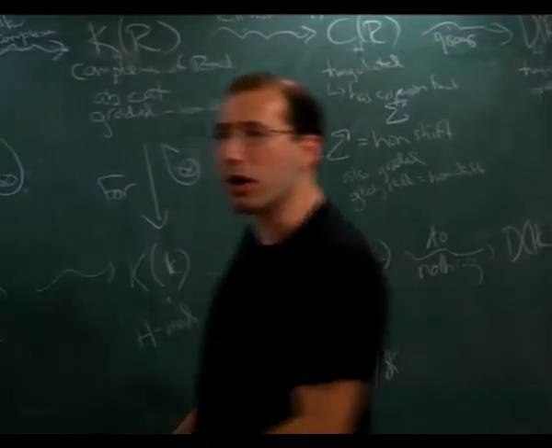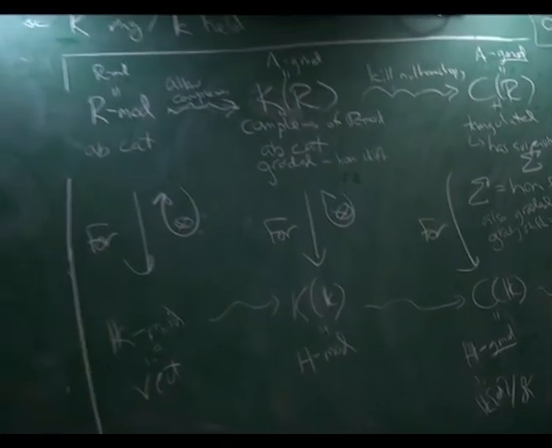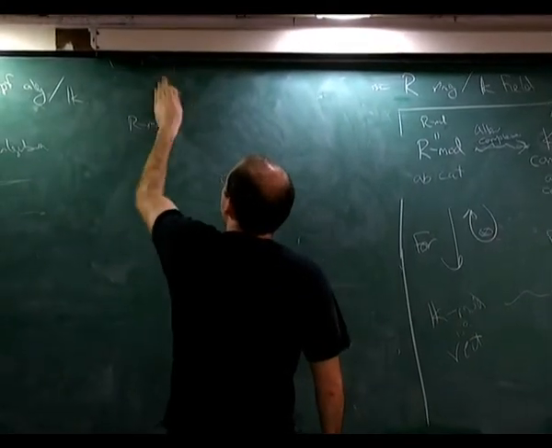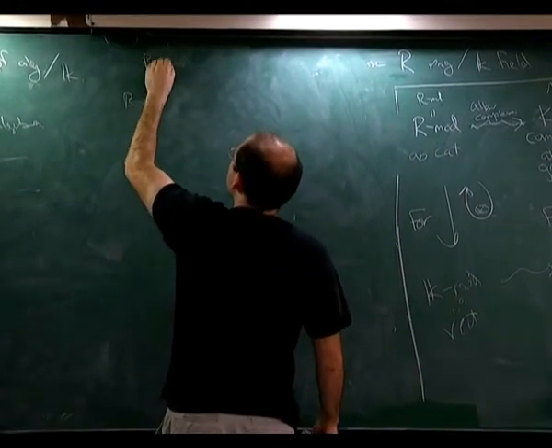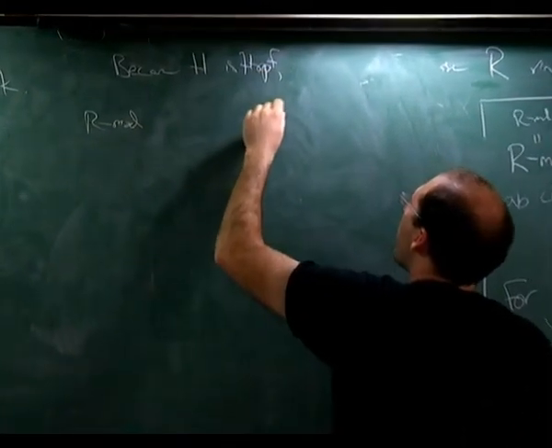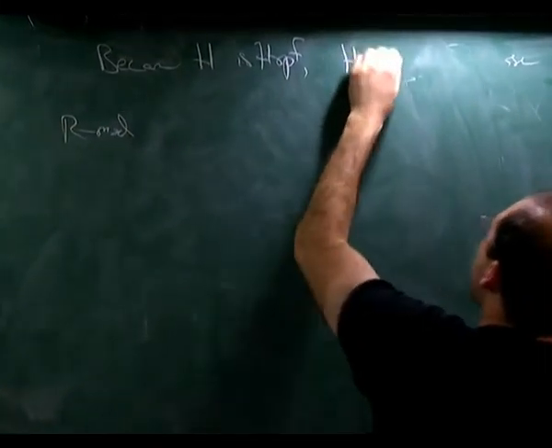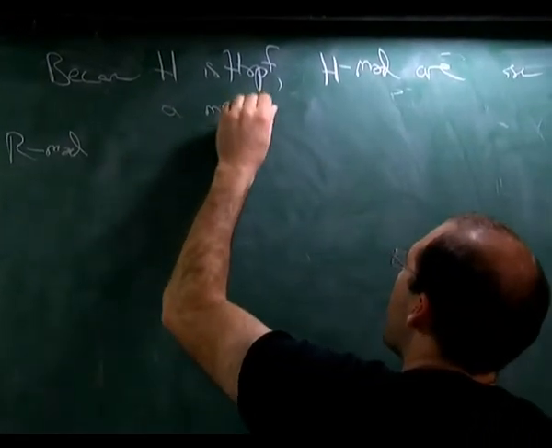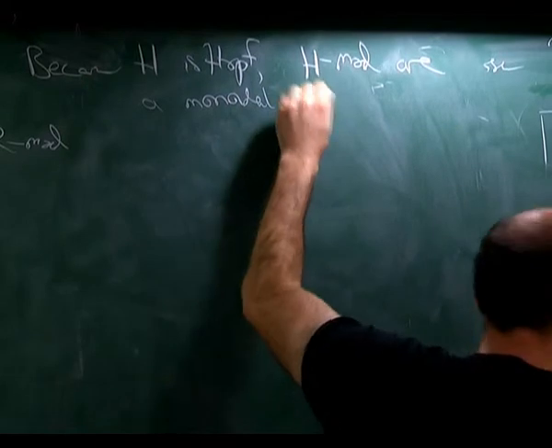And how does this work? The idea is that because H is Hopf, H modules are a monoidal category. That is, you can tensor them. And now I can explain to you finally what a Hopf algebra is.